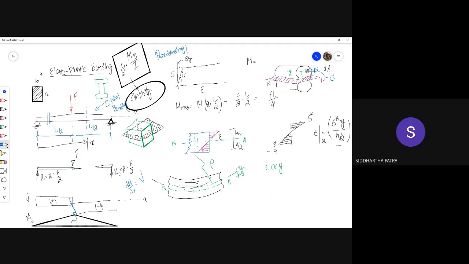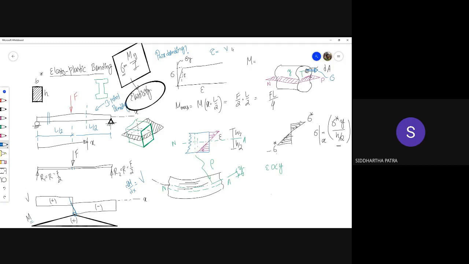But for everywhere else, you can think of there being shear stress due to bending. And can you tell me what is the expression for the shear stress? What is the expression?